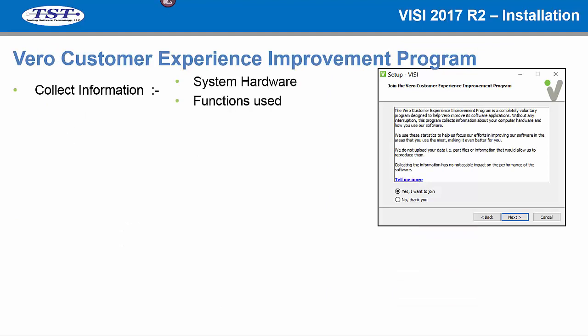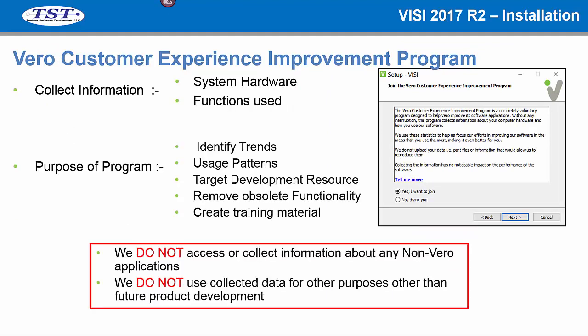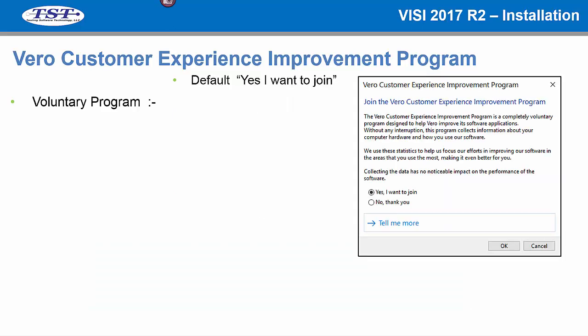So what you're also going to see here on the installation is the Vero Customer Improvement Program. It's a totally voluntary program, does not access or collect any information about any non-Vero application, and does not collect data for any other purposes than future development. So it's a voluntary program.